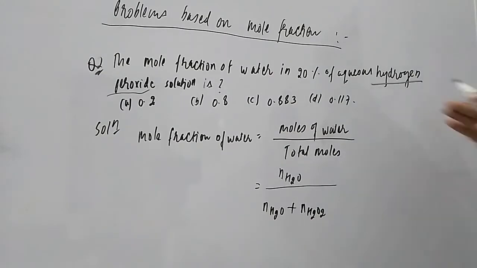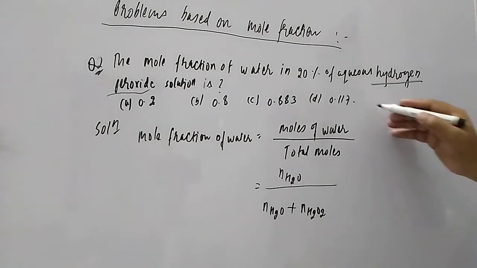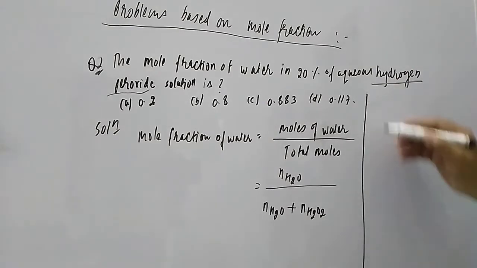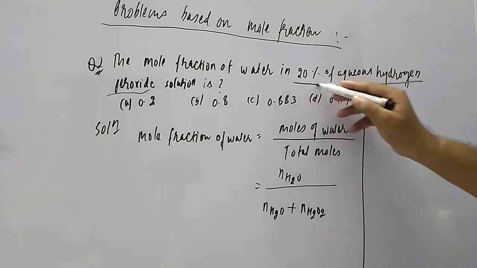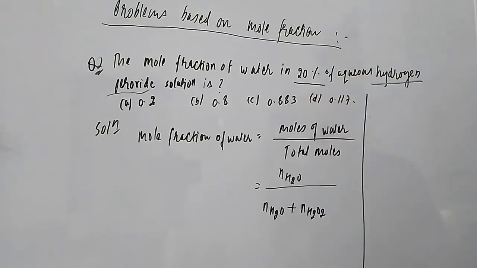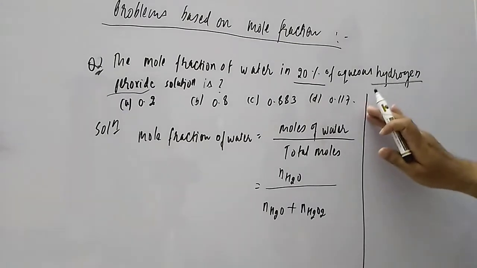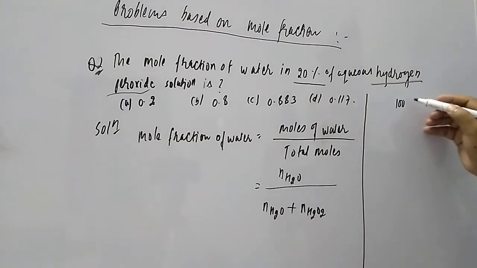Now, how to calculate the number of moles, that you should know. A 20% aqueous solution of hydrogen peroxide is there. 100% is equal to 100 gram.